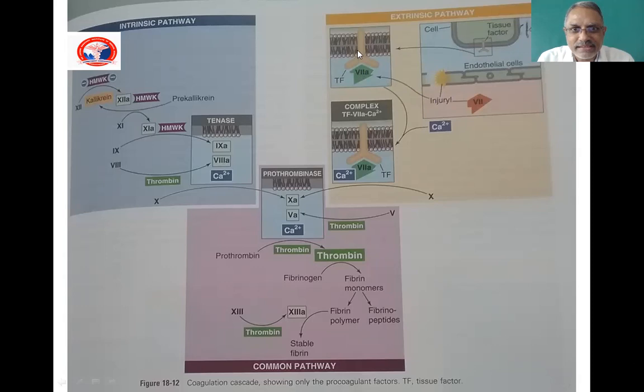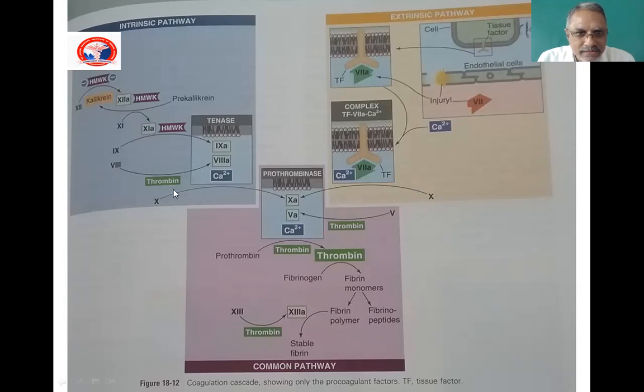Factor 7 gets attached to tissue factor, and there is a complex of tissue factor, activated factor 7, and calcium. This converts factor 10 to 10A. So factor 10A is the pivot. It plays a pivotal role.